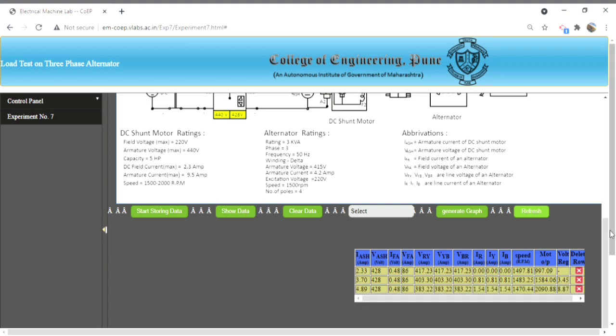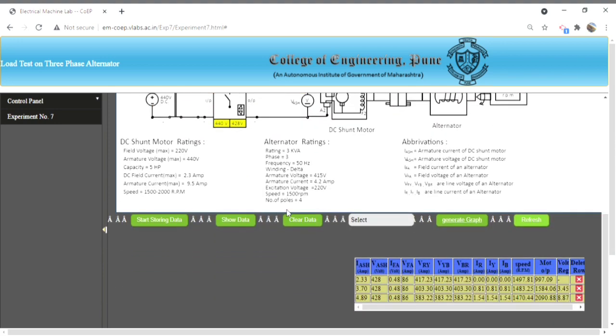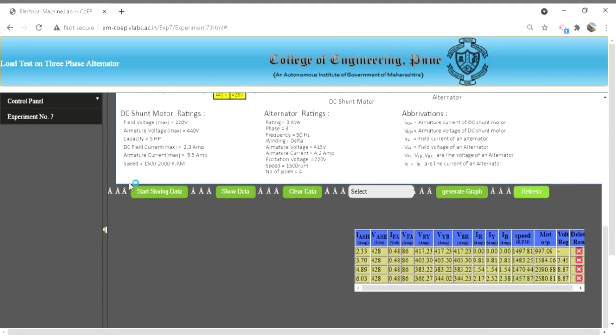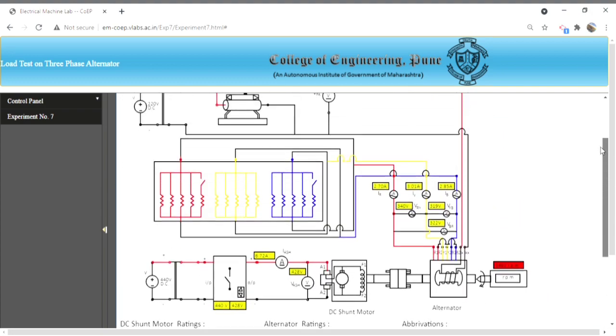I store the data under different load conditions. Now I am connecting the third load. This is very interesting in doing the simulation.